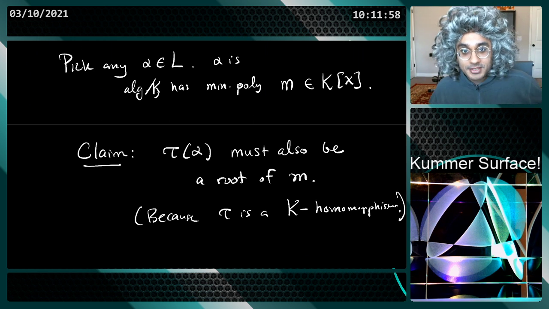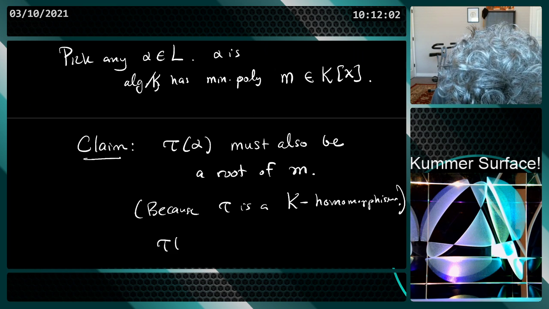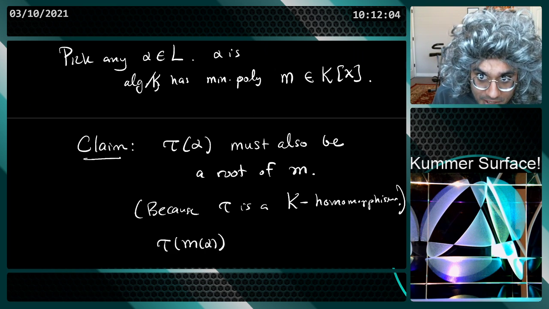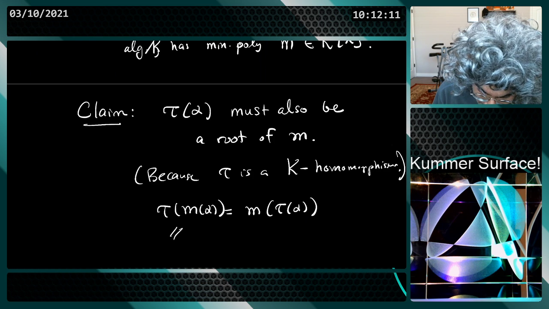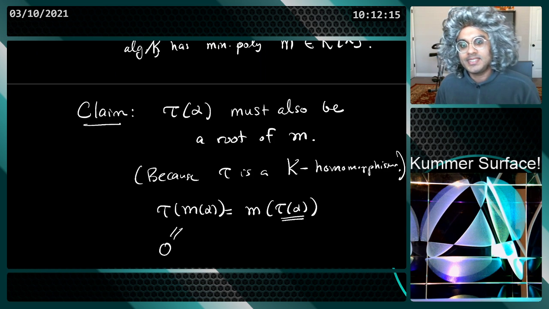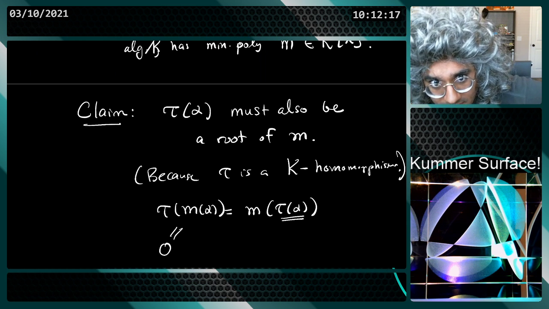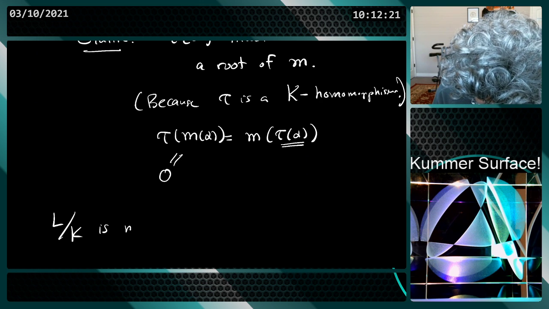So let me write it out. Tau of M of alpha is the same as M of tau of alpha. But on the other hand, this is 0. And so tau of alpha is a root again. Okay, but then you're done because L over K is normal.